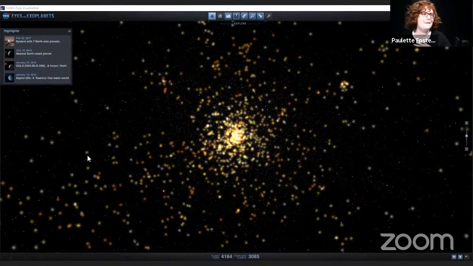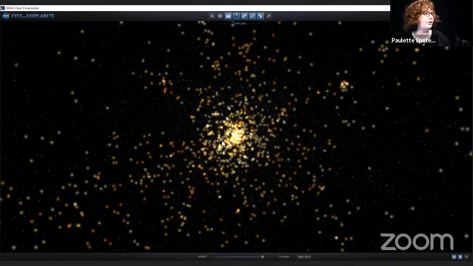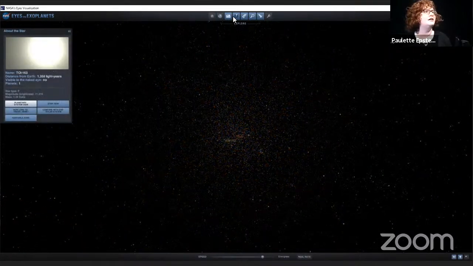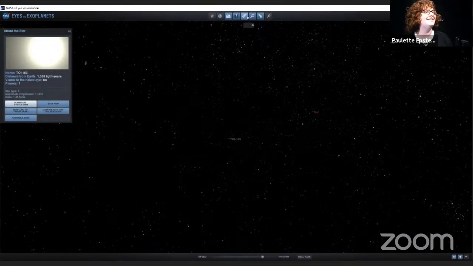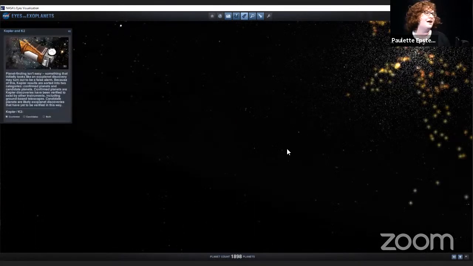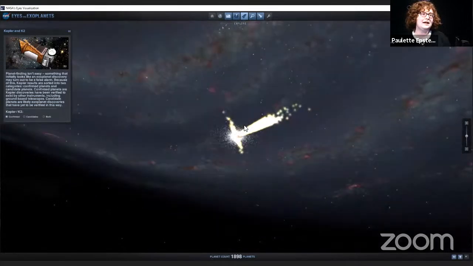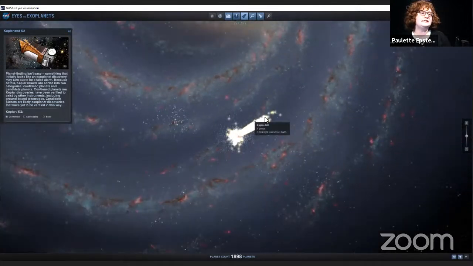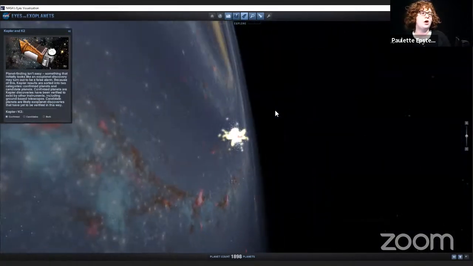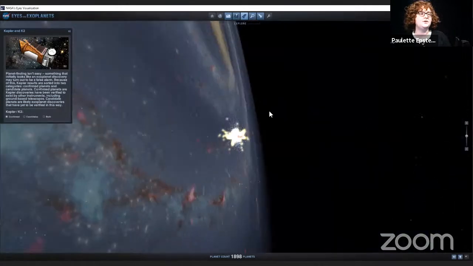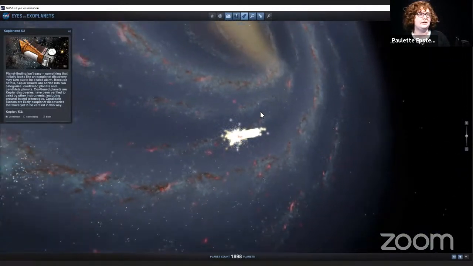Now, we talked about all of the exoplanets that we have here in our Milky Way galaxy. And again, we've really only discovered a very small portion of those exoplanets in our Milky Way galaxy.